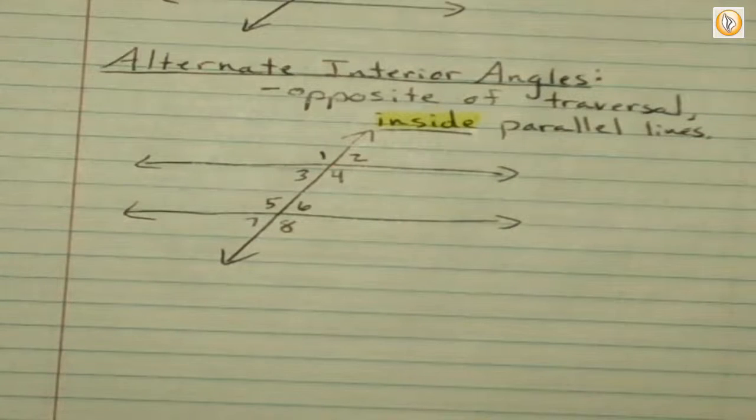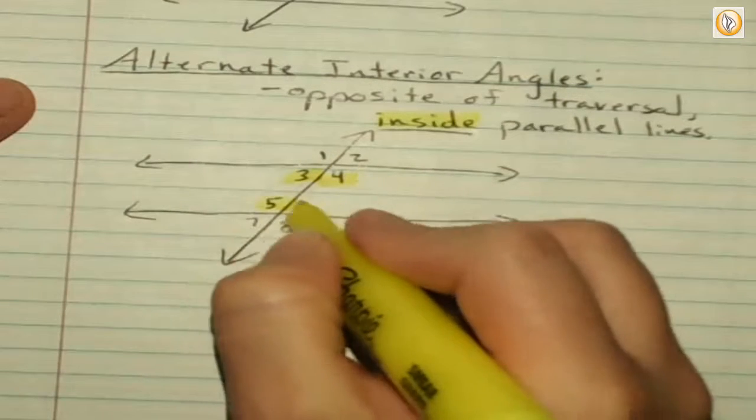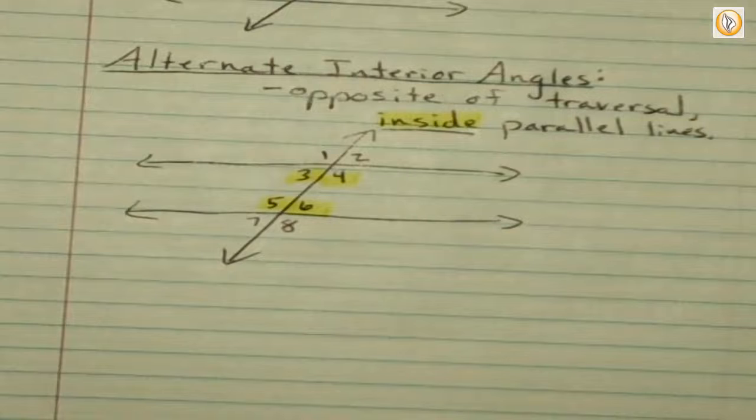Your alternate interior angles are going to be angle 3, 4, 5, and 6. Those are your alternate interior angles. It's really alternate from the interior, it's gonna be the 1, 2, 3, 4, 5, right? Wait, what? Sorry, no, the 1, 2, 7, and 8. What? Let's stop here. So interior angles are going to be the ones on the inside of the parallel lines.